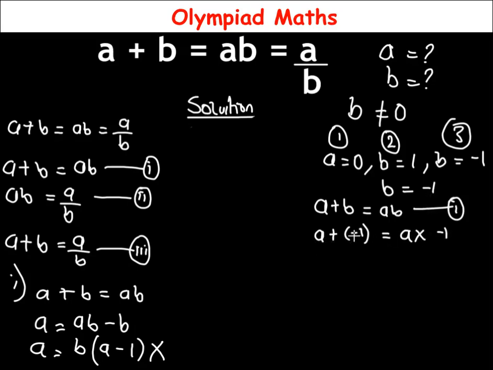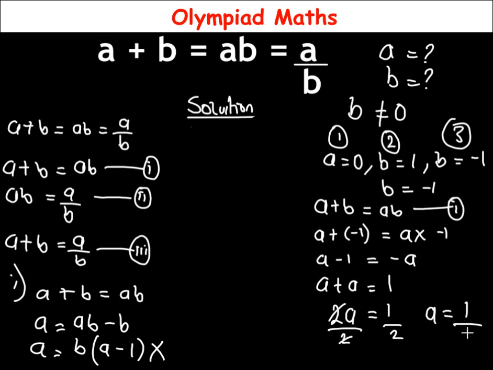Plus times minus is minus, so a minus 1 is equal to minus a. So collect like terms: minus a crosses over, a plus a is equal to minus 1 crosses over here, it becomes 1. A plus a is equal to 2a, which equals 1. So to solve for a, divide by 2, a is equal to 1 over 2.